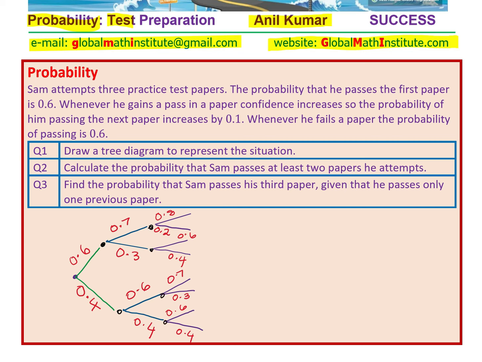Now, let us answer question number 2, which is calculate the probability that Sam passes at least 2 papers he attempts. Correct. Now, for that, what are we looking for?